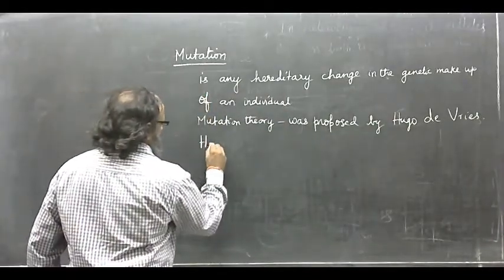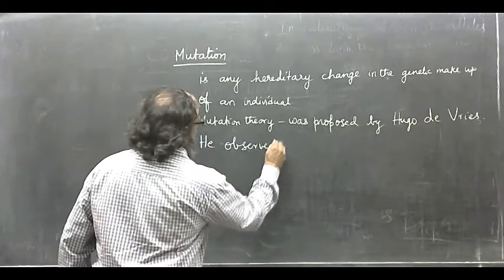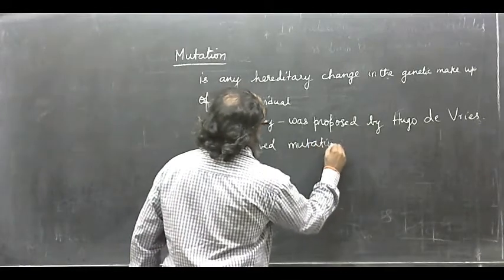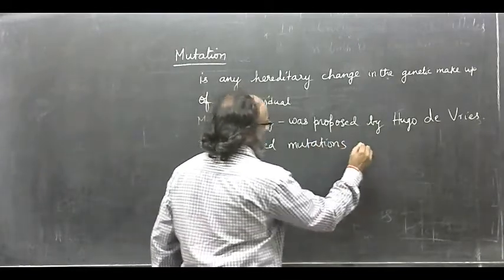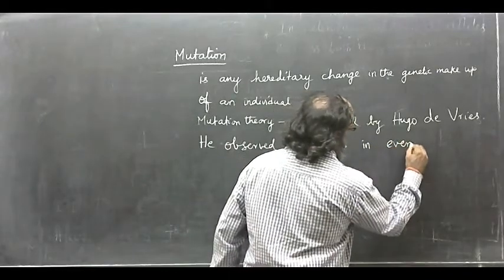De Vries observed mutations in a plant called evening primrose.